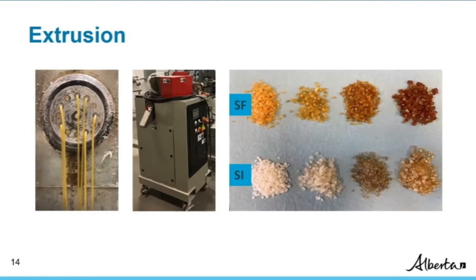From the right-hand picture, you can see that the starch-rich flour appearance is quite different from the isolate one. I think the colors are different, the transparencies are different. If that's a consideration in your product design, you have to think about it.